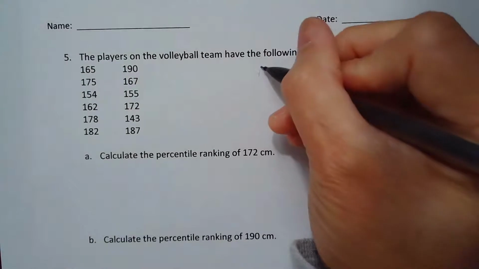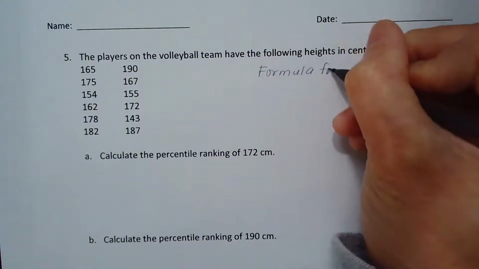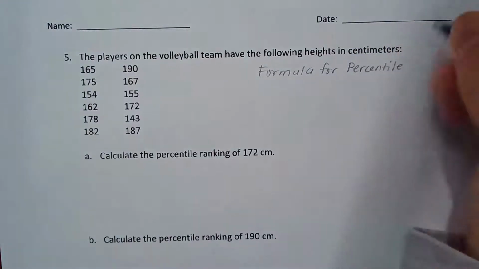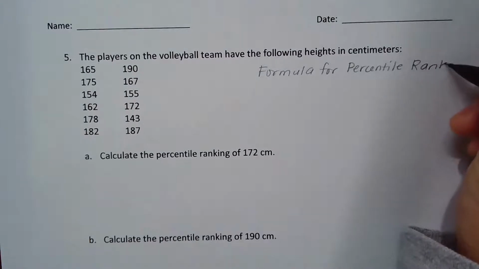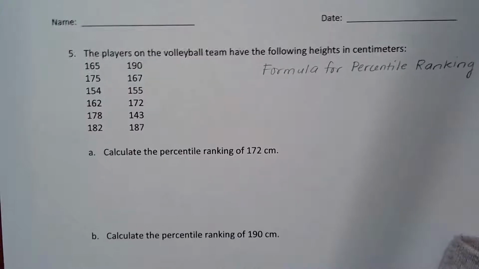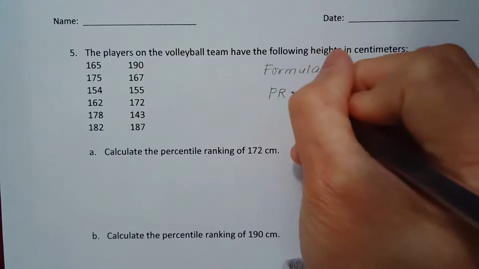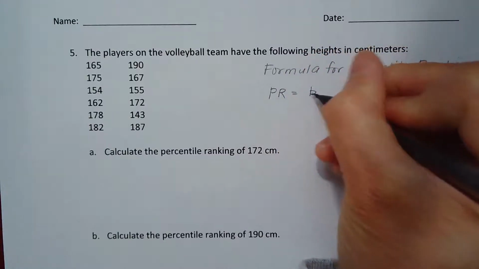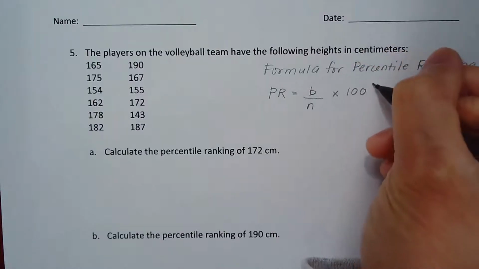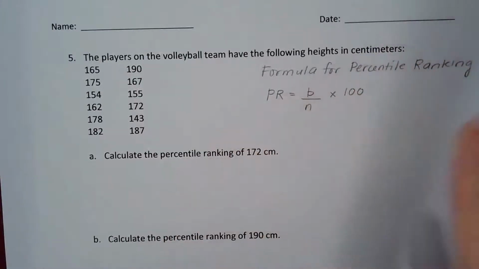I'm just going to write the formula here, and of course, this is in your booklet as well. So percentile rank, PR, is equal to B divided by N times 100. Not 100%, it's just 100.